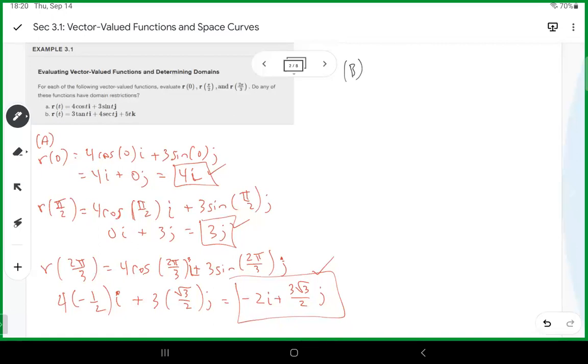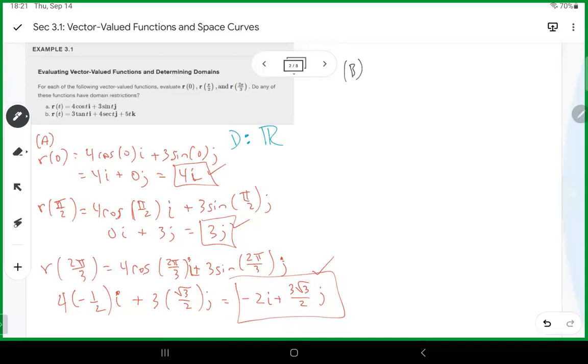And the second component function is g of t, 3 sine of t. Neither of these functions has domain restrictions, so the domain of r of t is going to be all real numbers.